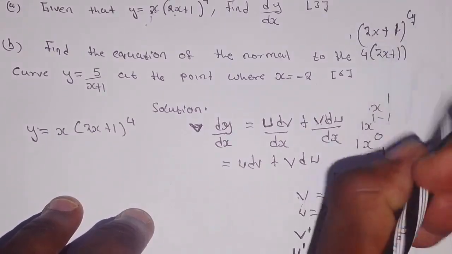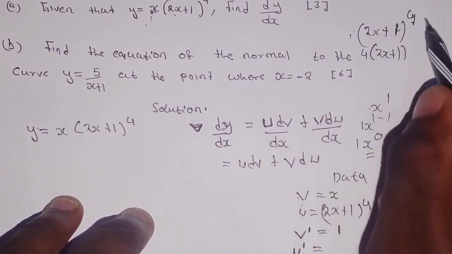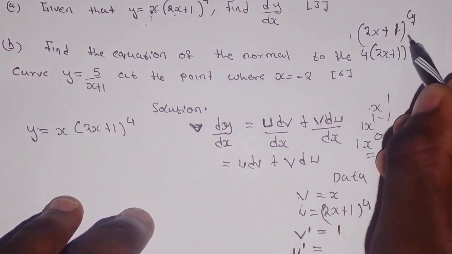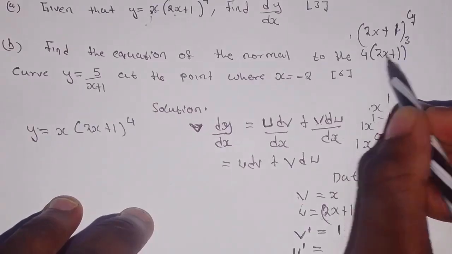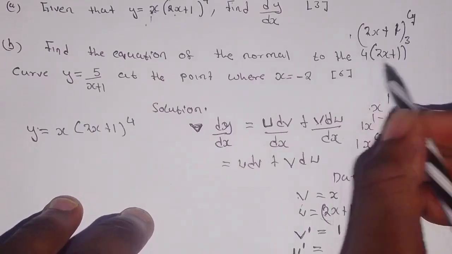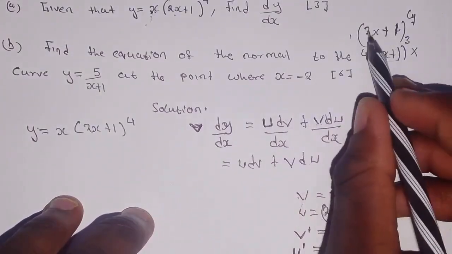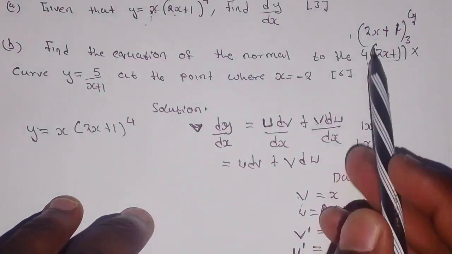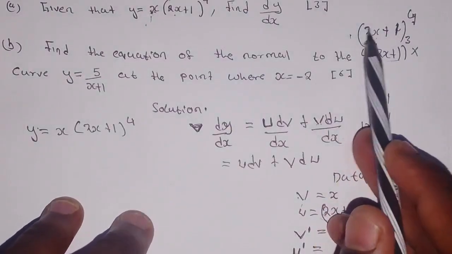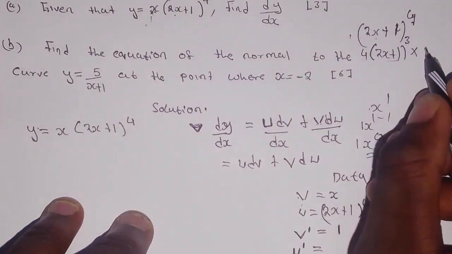Then the power, you subtract 1 from the power, so 4 minus 1 gives us 3. Then you multiply the whole of this by the differentiation of what is inside. If you differentiate 2x + 1, you find that the answer is 2.